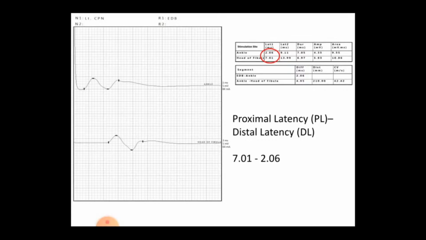So here proximal latency is 7.01 and distal latency is 2.06. When we subtract, it is 7.01 minus 2.06, which equals 4.95. That is already mentioned here as the difference of latencies.